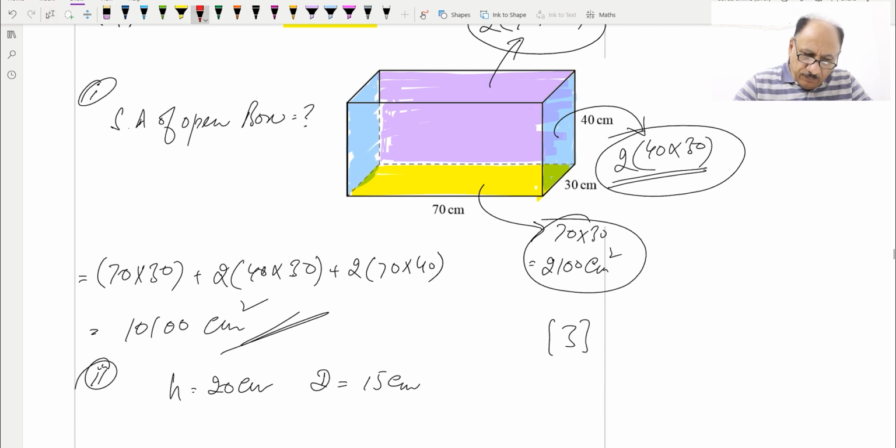If we are placing them, for example, the height of the box is 40, so we can put one cylinder down here in this portion and one cylinder on top of it. So this is how we can have two rows.